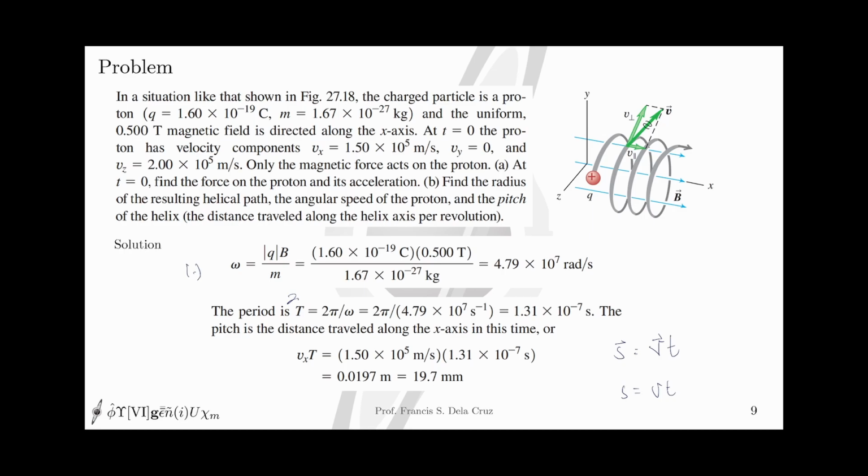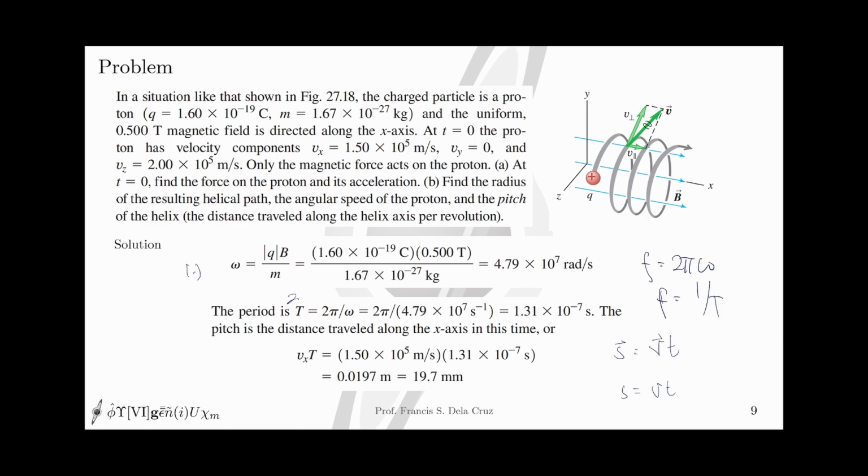So now we get the angular frequency first, which is equivalent to qB over m. Substitute the values, and then you will have 4.9 times 10 raised to 7 rad per second, which is the unit of angular frequency. Take note that the relationship between the angular frequency and the period is T equals 2 pi over omega. Where does that come from? Remember that f is equal to omega over 2 pi, and f is equivalent to 1 over the period.